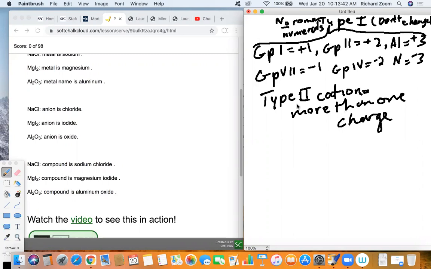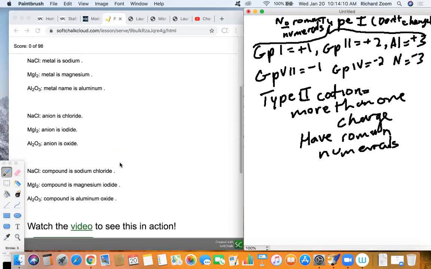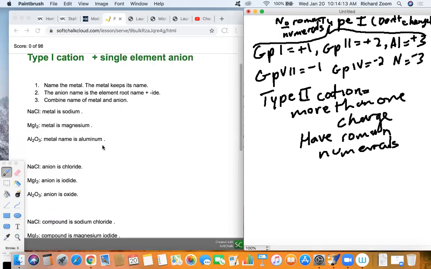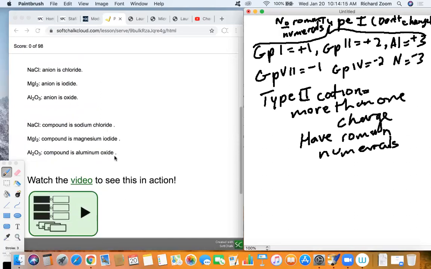The type 2s, which have more than one charge, will have Roman numerals. So if you look at the names here, even for something like Al2O3, it's just going to be aluminum oxide.